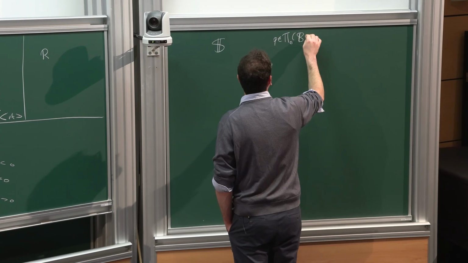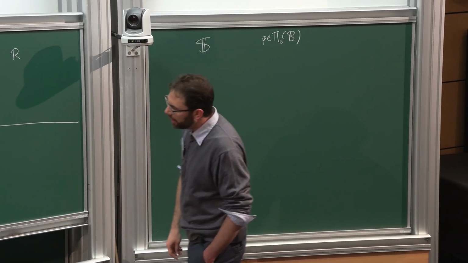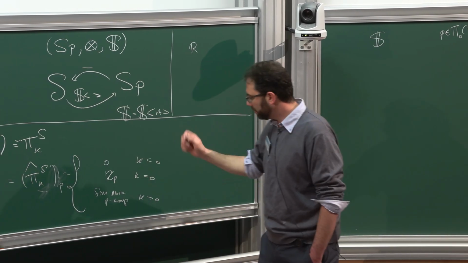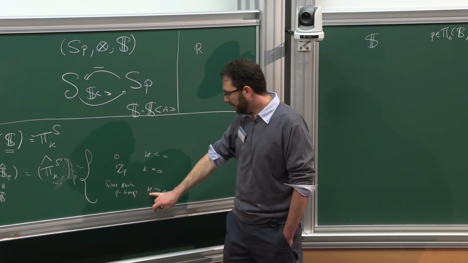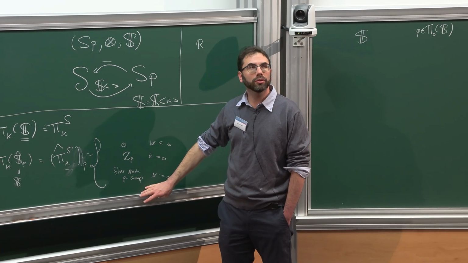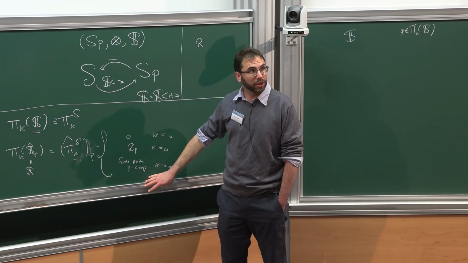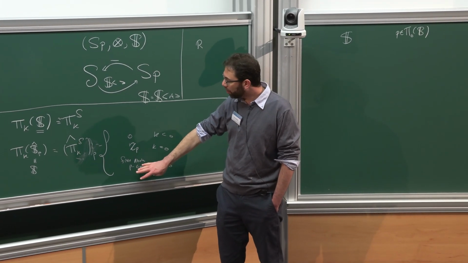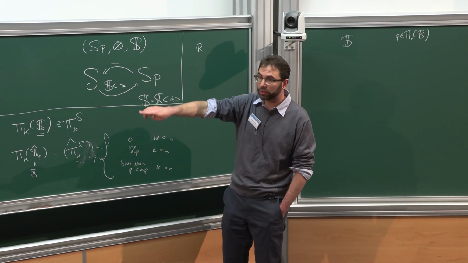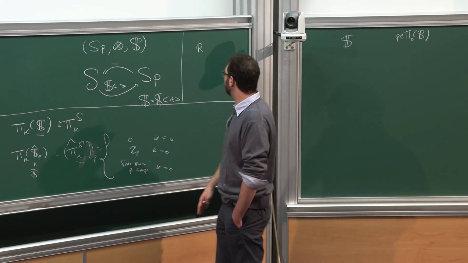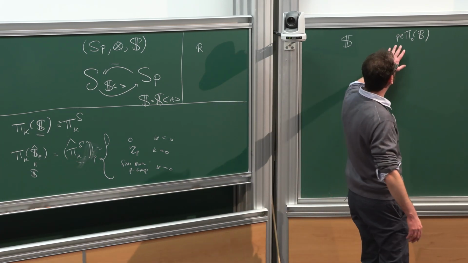That's one candidate. Or you can take powers of p, but p would do fine. There are also a lot of elements in the positive homotopy groups, but it's a theorem of Nishida that all of those are nilpotent. So they're not going to help us in this process at all. We really have essentially only one choice, which is p.